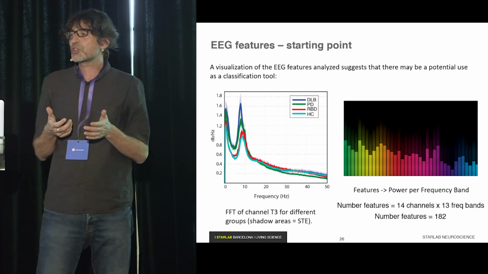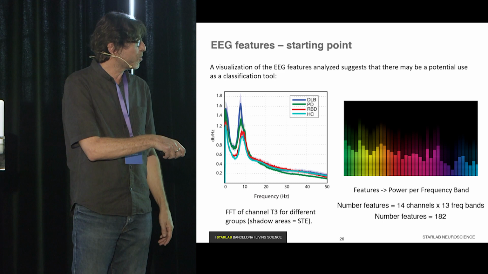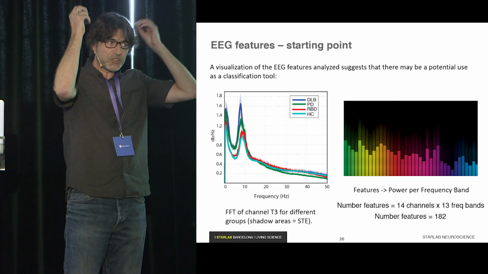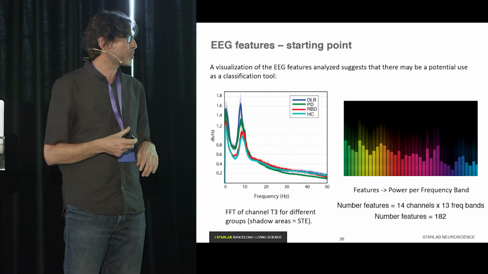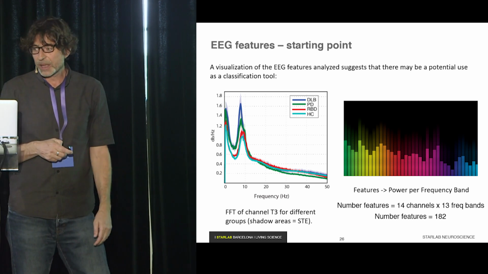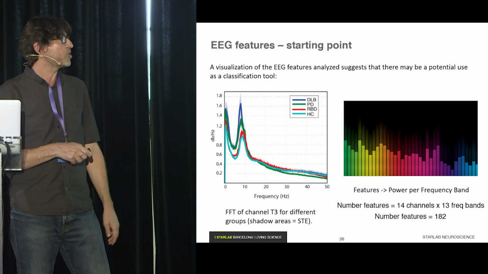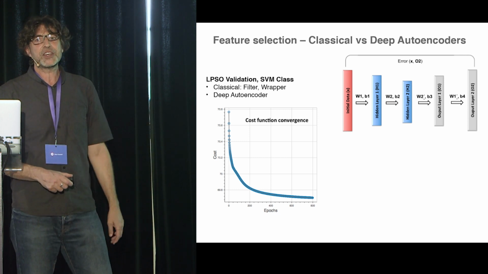And this is what you use as the features for your system. So you have 14 different channels in your EEG, and you have 13 frequency bands, so you have a feature space of 182 components.